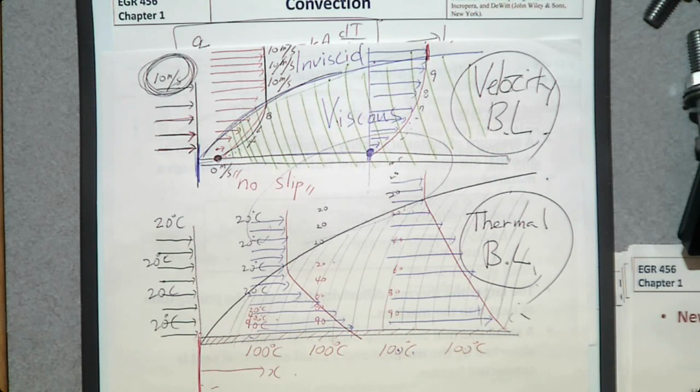So in reality, solving this phenomenon analytically is practically impossible. So what do we do? We use experimental values. We use the correlations developed from experimental values. Those are the things that we are going to study in chapters 6, 7, 8.